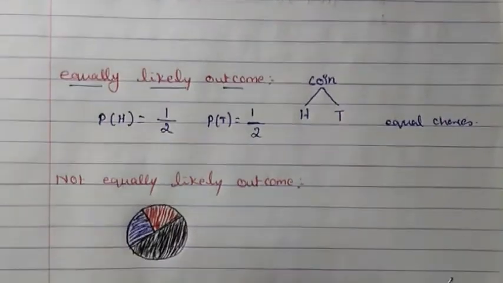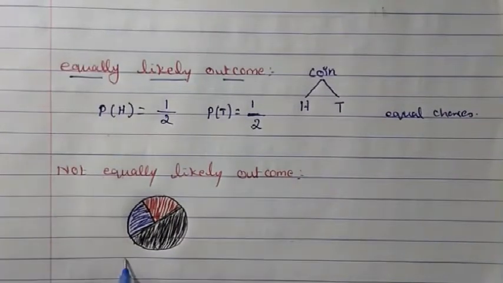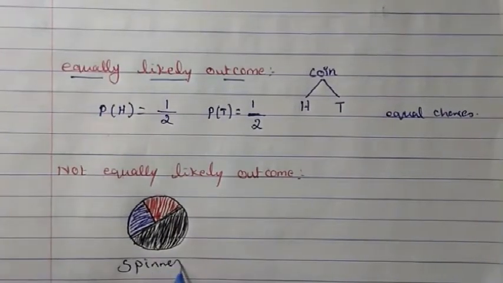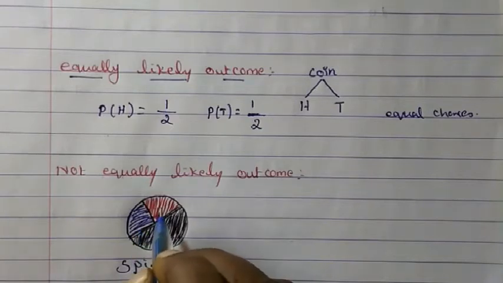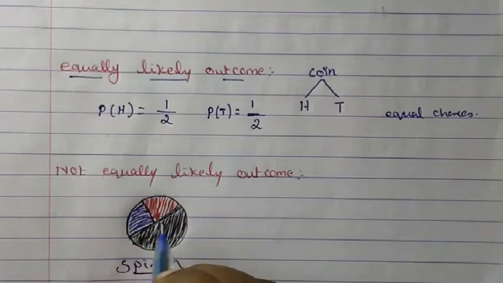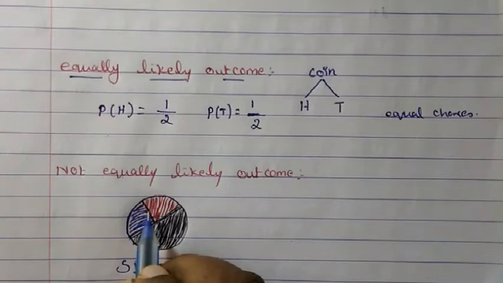Now, not equally likely outcome. I have taken here, consider it is a spinner. In the spinner, there is a black color here, a blue color here and a red color here. If we spin this, there are equal chances for blue and red because both have the same area.